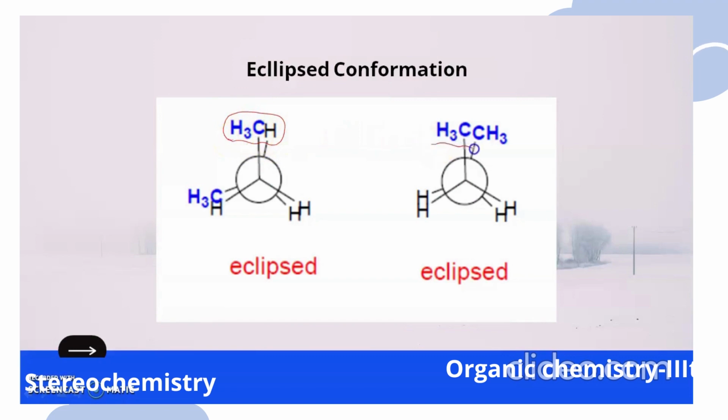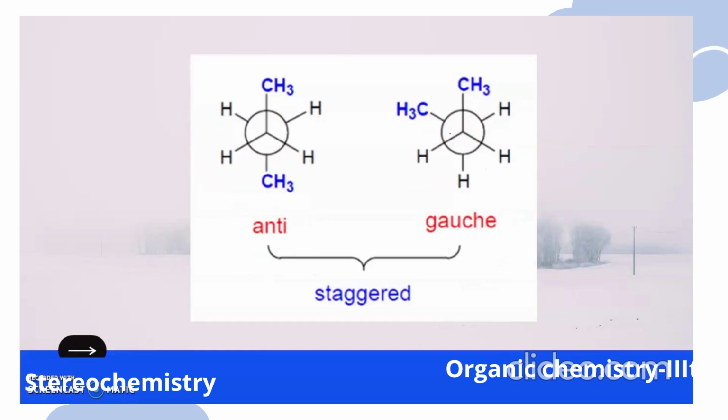And this is the structure of fully eclipsed conformer, where 2 methyl groups are closely packed to each other. So these are the different representations of the conformers of butane. And we can say that anti-conformer and gauche conformers are said to be staggered conformers of butane, and they are considered to be relatively more stable structures of your butane.